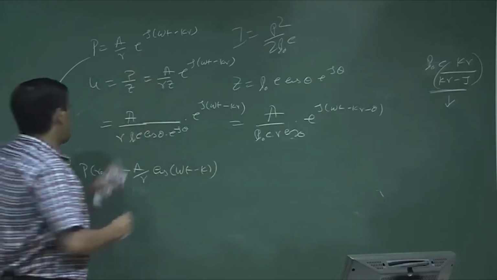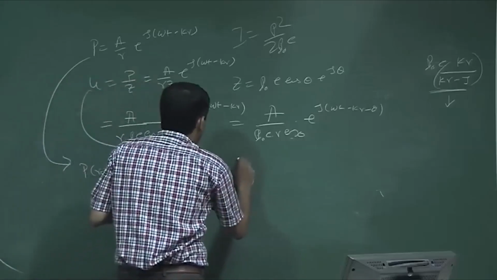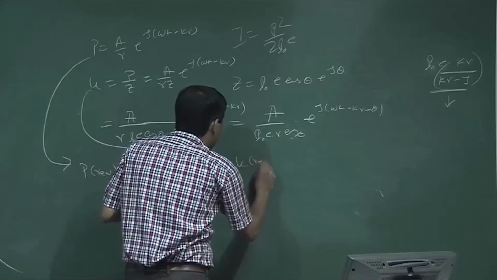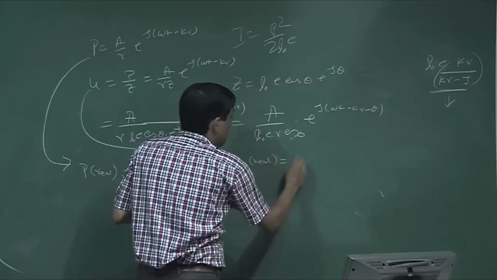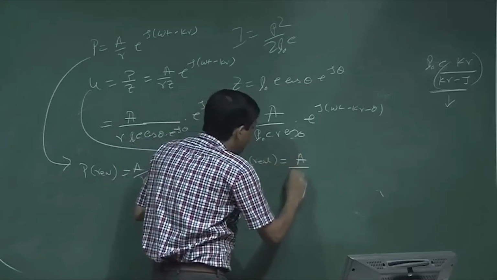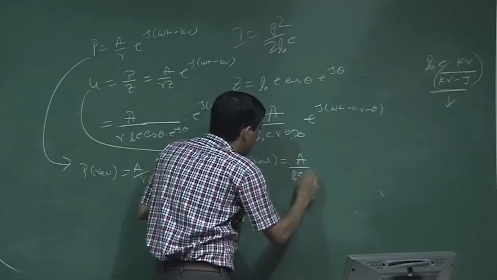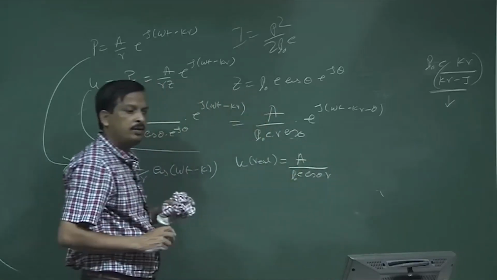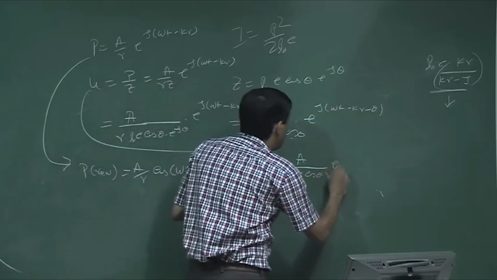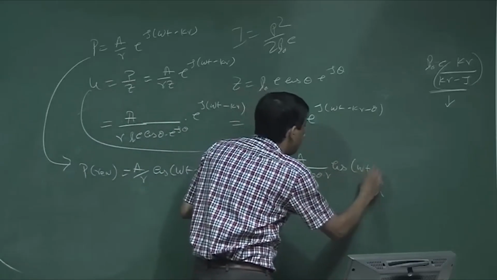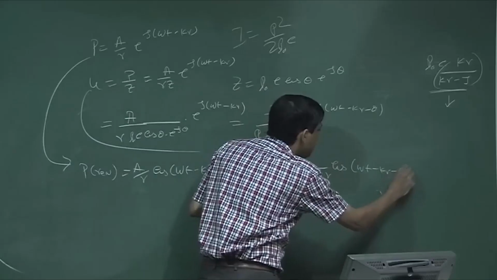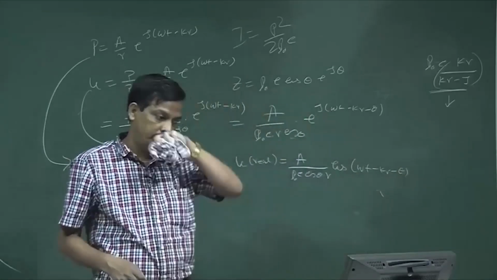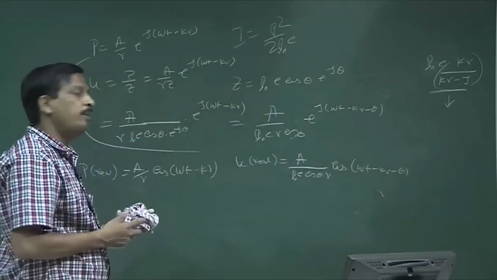Okay. Now, what is the real part of u? The real part is nothing but A by (rho 0 c cos theta r) into cos(omega t minus k r minus theta).